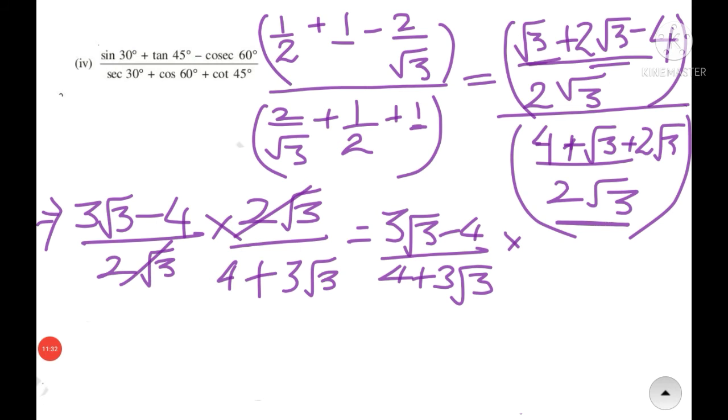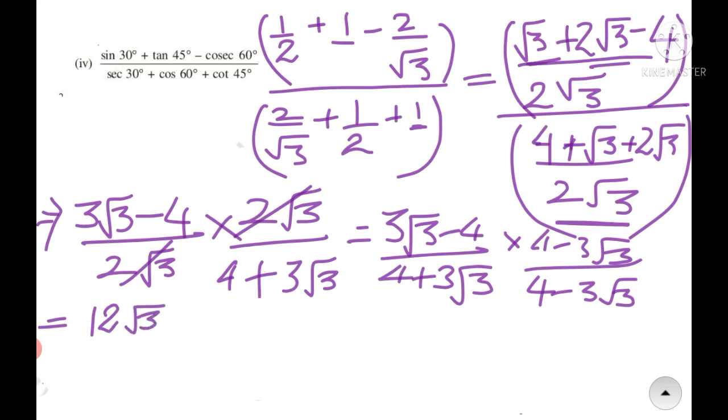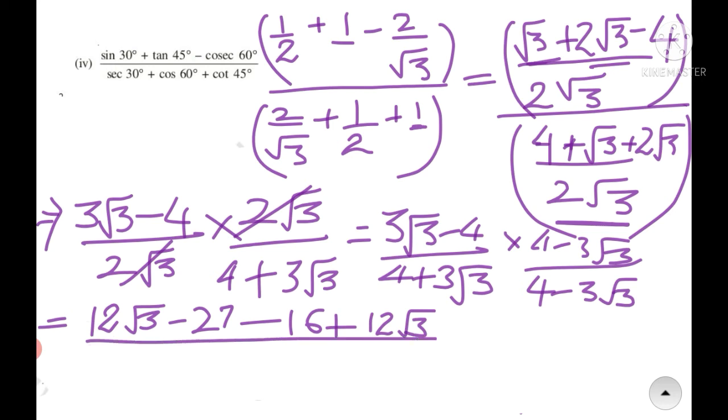Let us rationalize. I multiply and divide by 4 minus 3 root 3 upon 4 minus 3 root 3. 3 root 3 into 4 I get 12 root 3. 3 root 3 into 3 root 3 I get 27. 4 into 4 is 16 and 4 into 3 root 3 is 12 root 3. In the denominator, I get a square, that is 16, minus b square, that is 27.